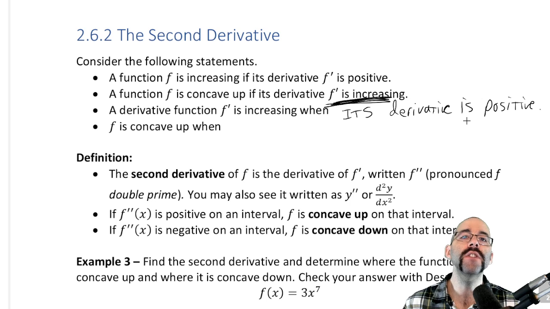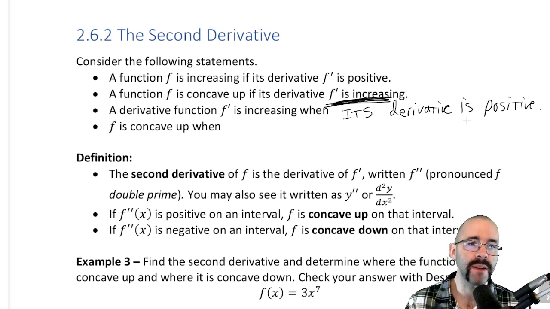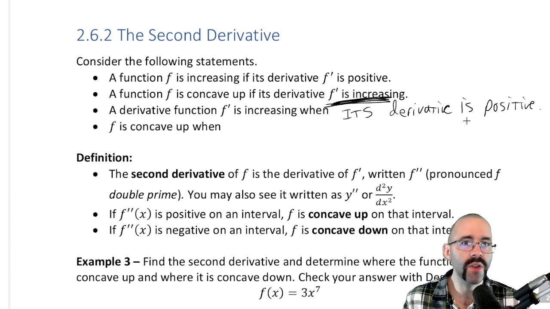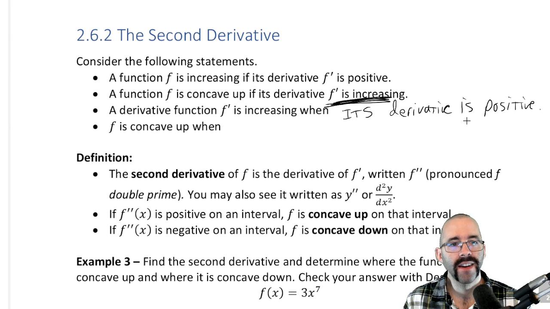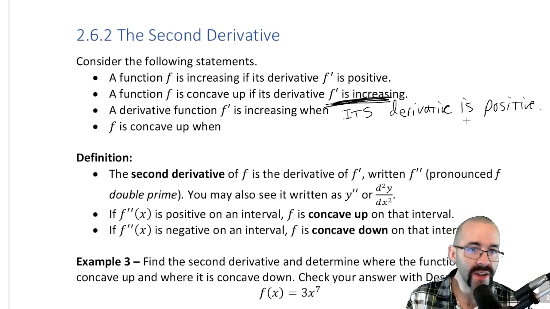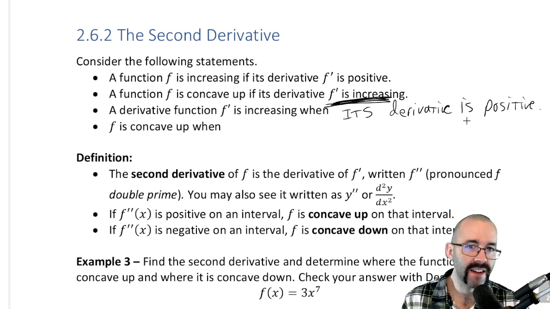F prime is a function that tells us the slope of the original one at any point. So it's also a function. It also could have a derivative. So combining all of that, f will be concave up when its derivative is increasing, and that's when its derivative is positive.